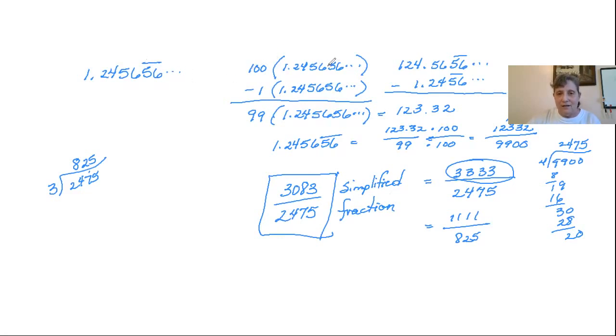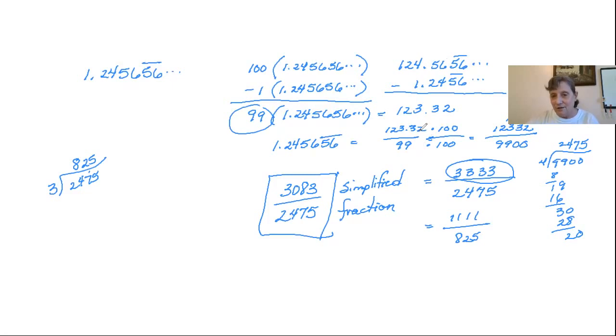You take that minus one of them, which will give you 9 or 99 or 999 or 9,999 if you've got 4 repeating decimals. Multiply it out, subtract, divide both sides by this number, and that's going to become your denominator. And then reduce, simplify the resulting fraction.